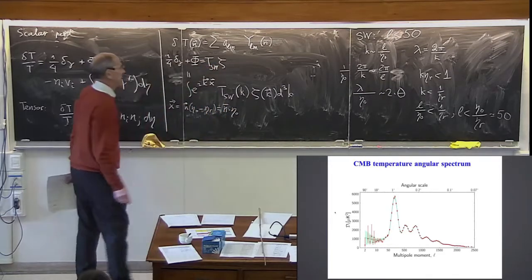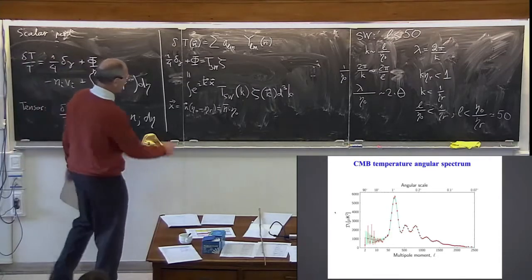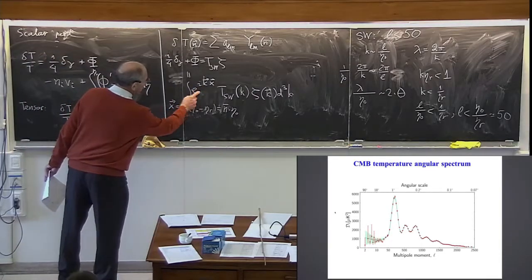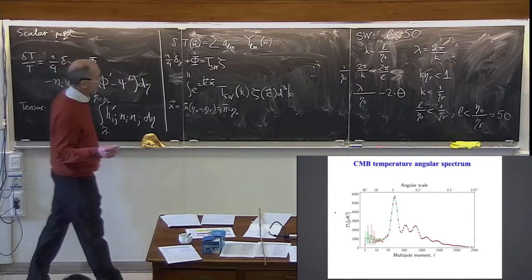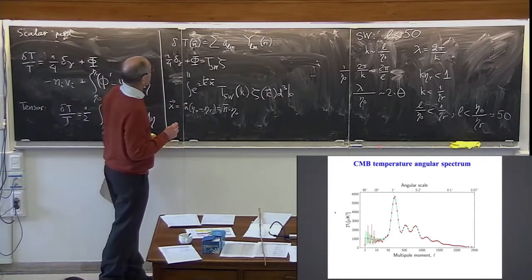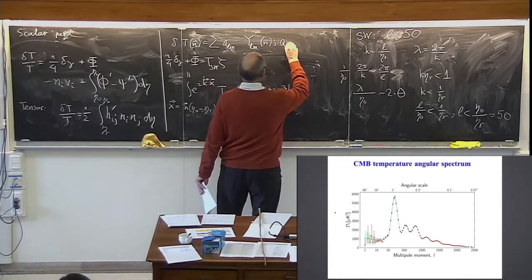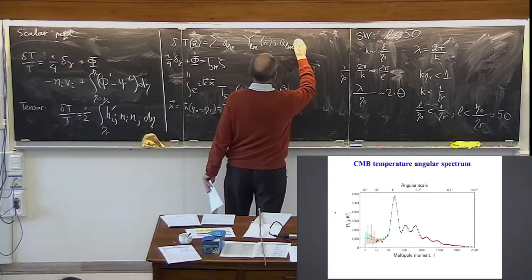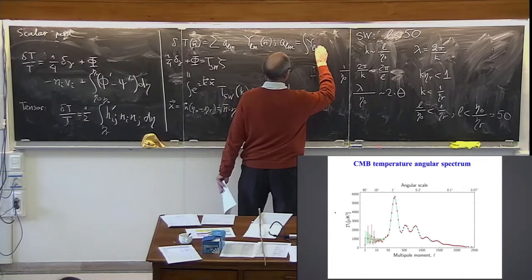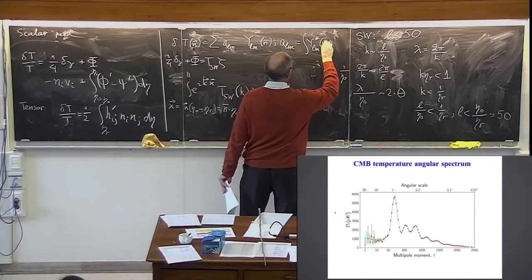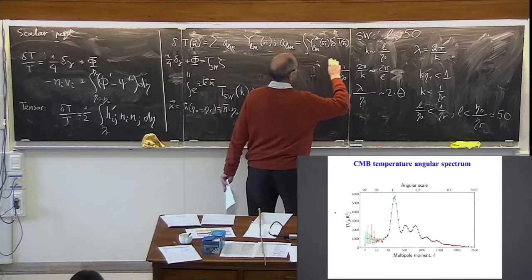Since recombination time is much smaller than the present time, you have to calculate this thing here at this coordinate x, and plug this into the inverse of this relation: a_lm is the integral of Y_lm star of n times delta T of n, d omega.